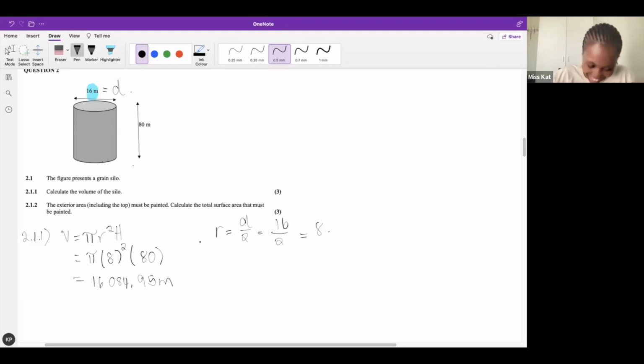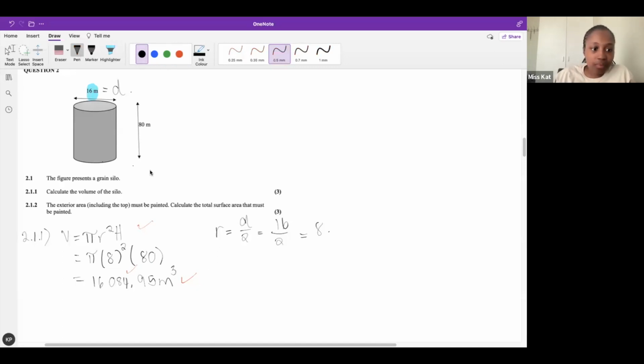Meters cubed. That's 3 marks. Let me first do the allocation quickly. We're going to get 1 for the formula, 1 for the substitution, and 1 for the unit and answer.